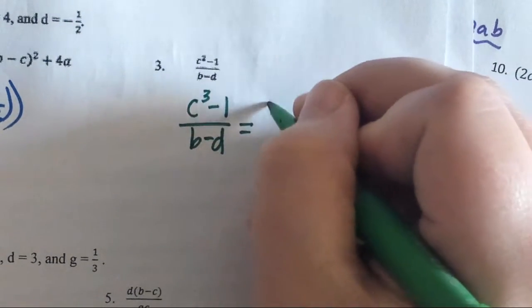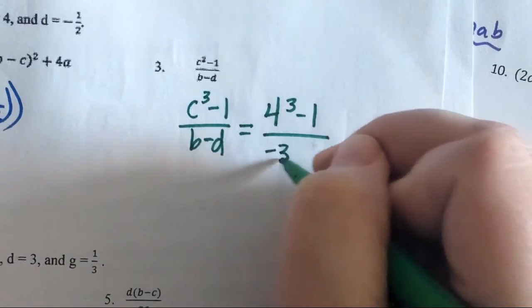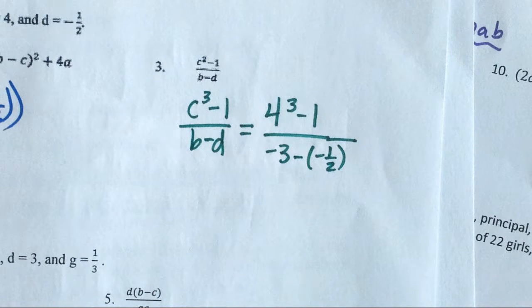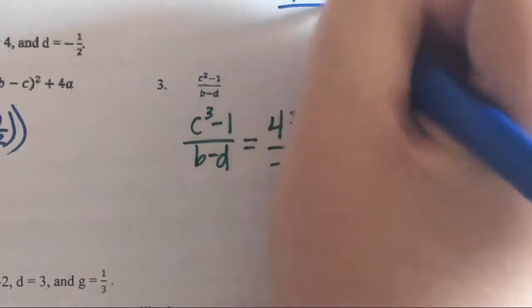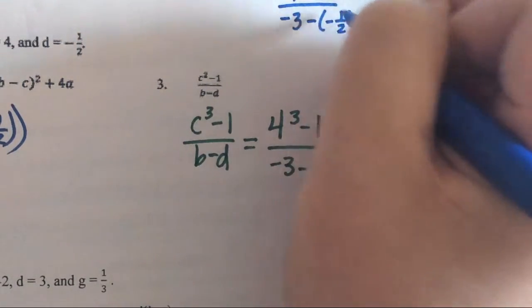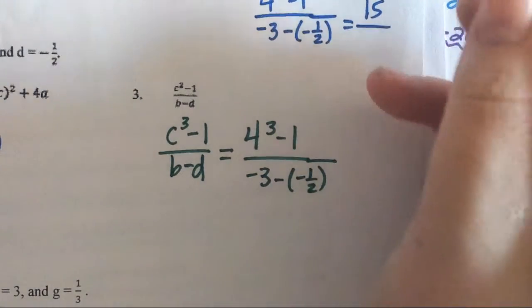Okay, so if I plug in the things, 4 to the 3rd minus 1, B minus D. So if we got 6, and we put 2 in, that's still... Well, I can work it both ways. Okay. 16 minus 1 is 15.